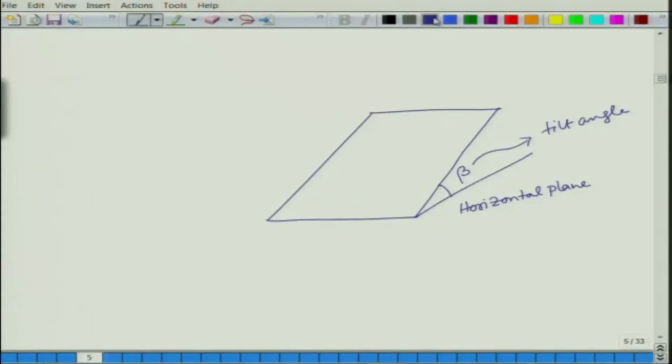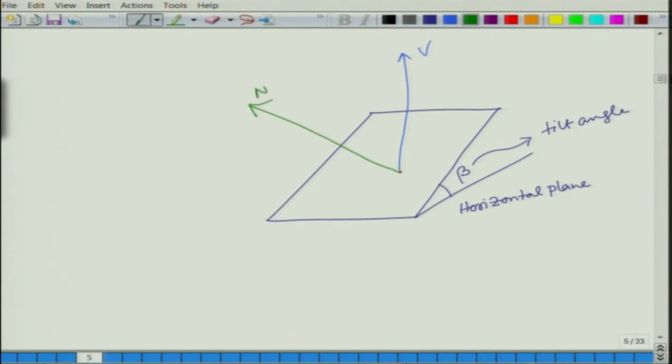Okay. So, if that is the case, let us take a point on this particular plane, and with respect to that point we can draw the vertical, and we can also draw a surface normal.